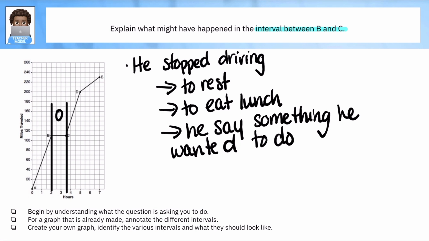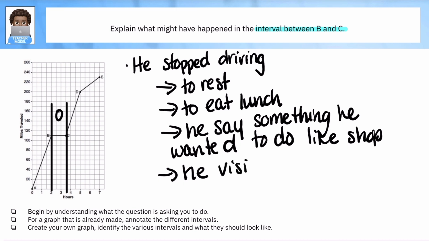Like I drive by a place and like, oh my God, that store looks really cool. So I stop if I want to shop at something or if I see something that looks fun. So I'm going to put shop. Or he visited a friend in the area.